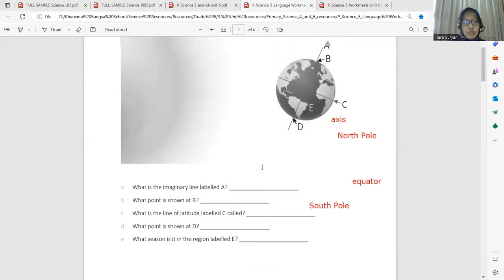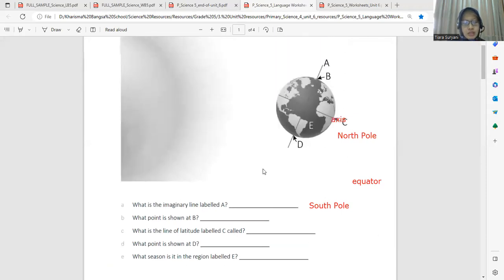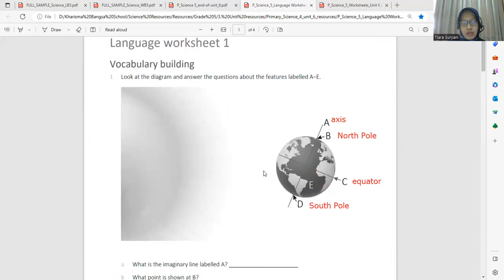Okay, what season is it in the region labeled E? First, please remember, if this is the sun and the axis is tilted like this, it means this part, which is the South Pole, is experiencing longer days.